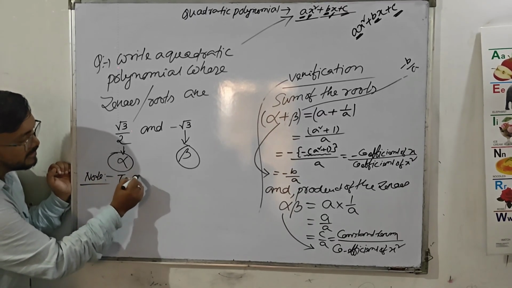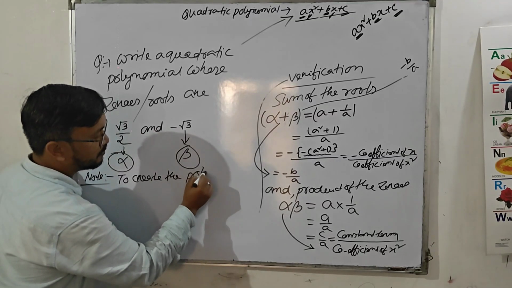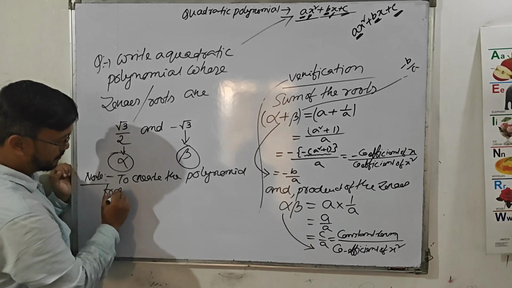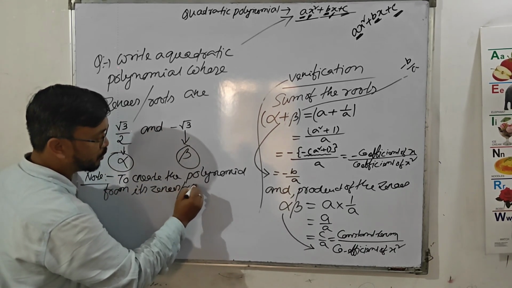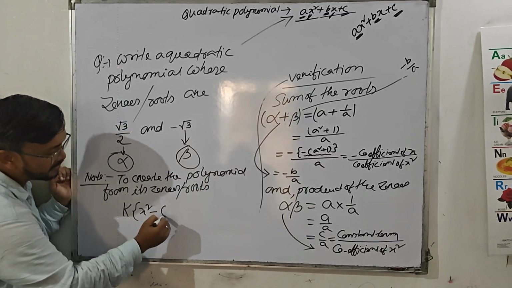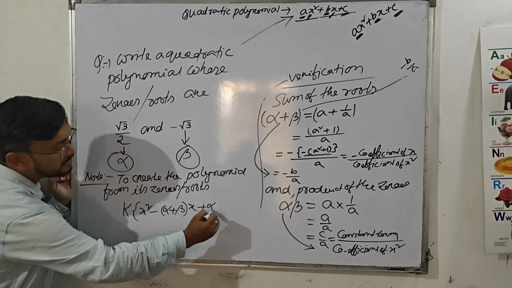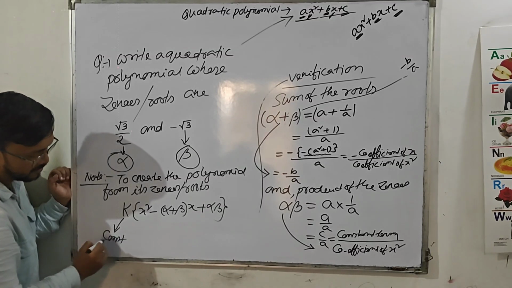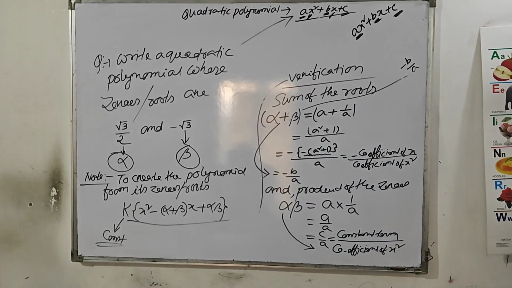To create the polynomial from its zeros or roots, the method is k x square minus alpha plus beta into x plus alpha beta. This k value is a constant. I will tell you what is k. Now you can solve it.